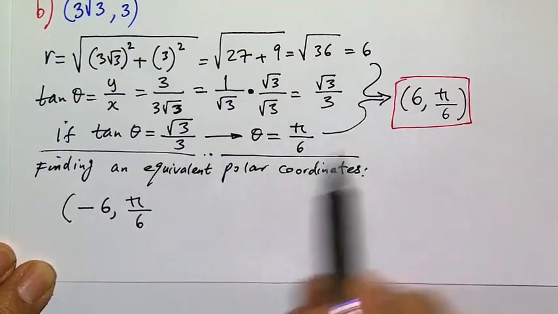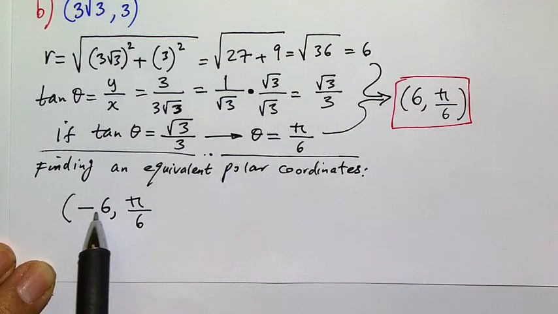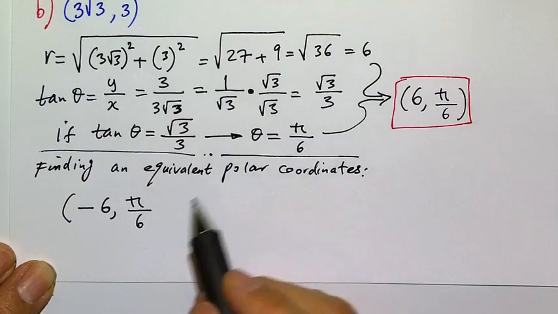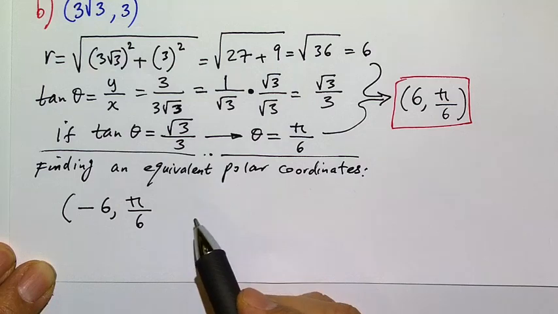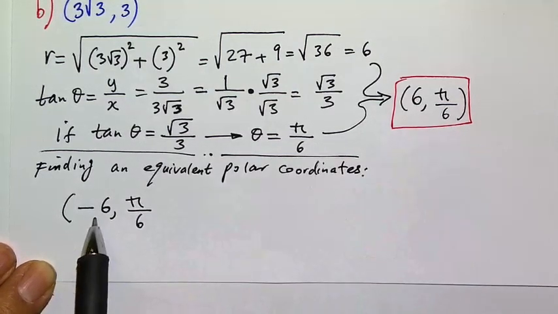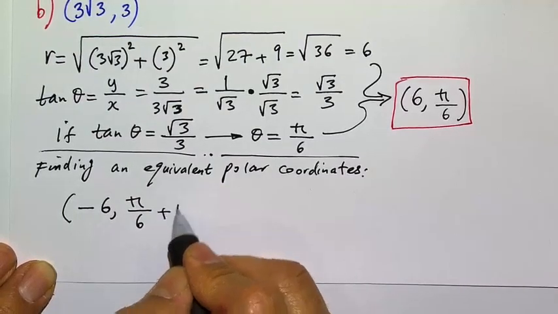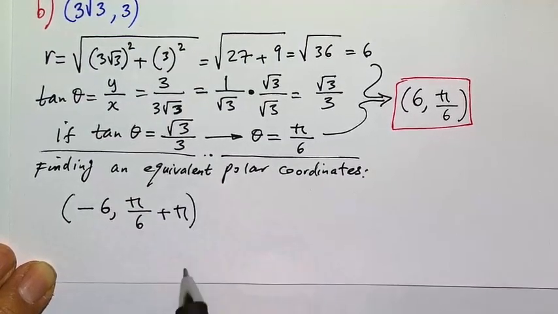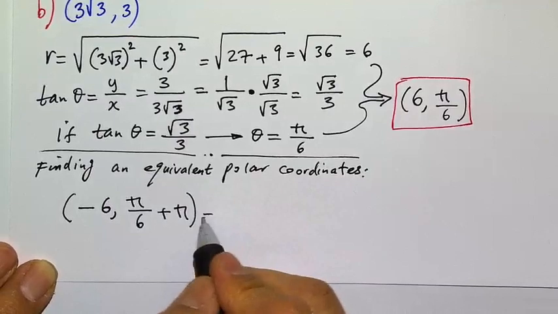So because by putting the minus in front of r, I am 180 degrees off, all I have to do is either add or subtract pi to get back to where I was, given that my r now is negative. So I will add pi to this to go back to where I was.